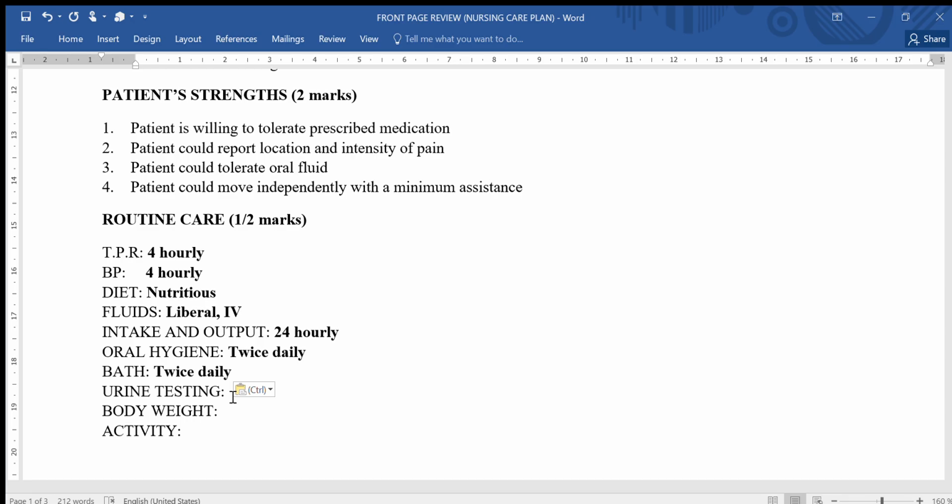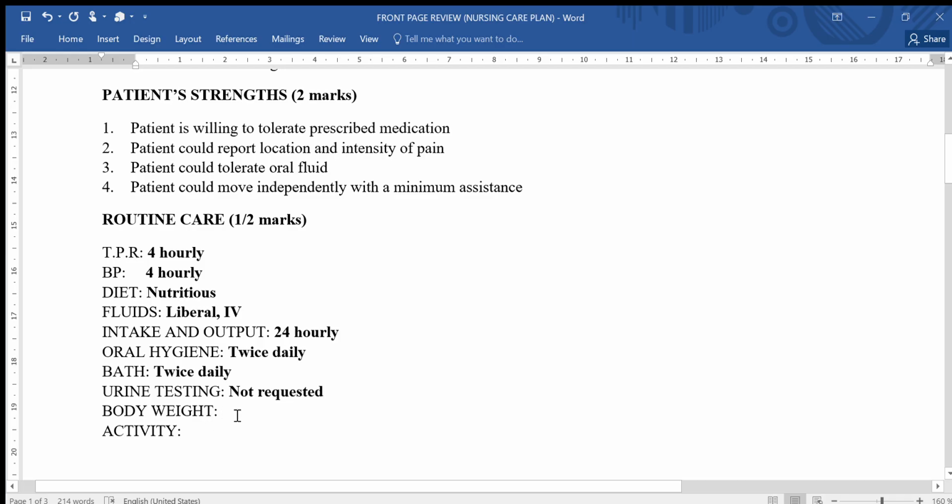So indicate that urine testing is not requested. But if it is done, you can also indicate that it's done. If it's requested, indicate it's requested. If it's on admission, indicate that. In our situation here, we can say it is not applicable or not requested. So let's put there not requested. All right, that's about that.